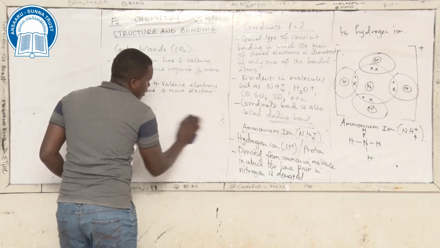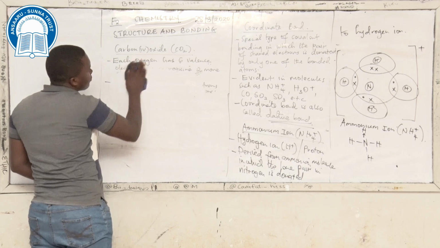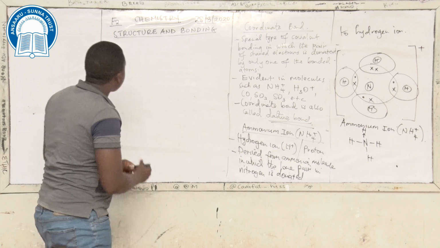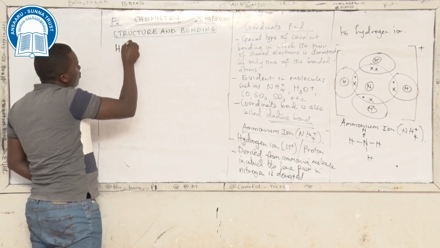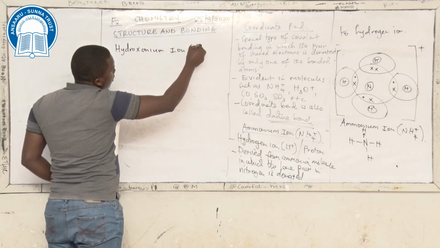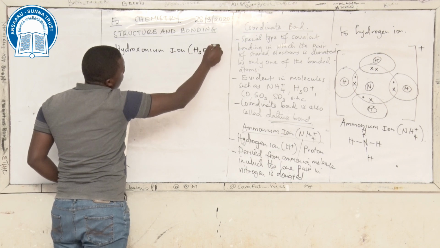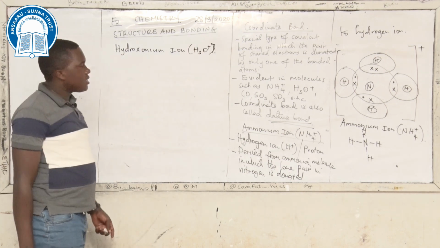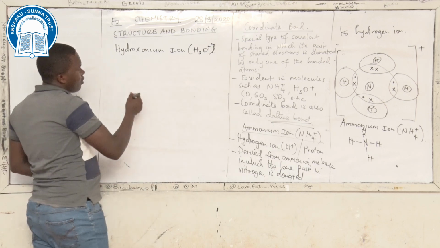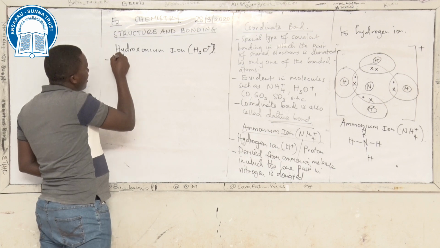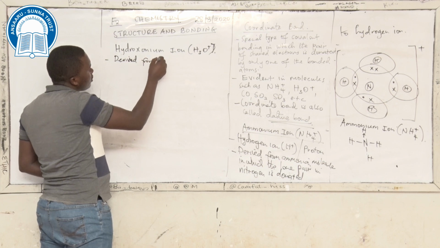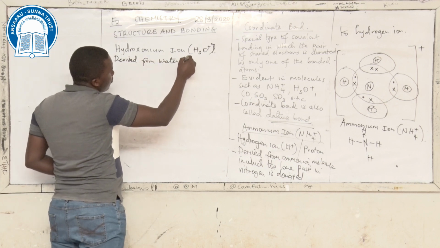The next one is the hydroxonium ion. This one is derived from the water molecule. The hydroxonium ion, H3O, also has a plus, and that plus means that there is a proton there, which is a hydrogen ion, coming to a water molecule.